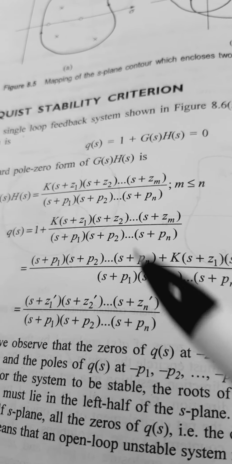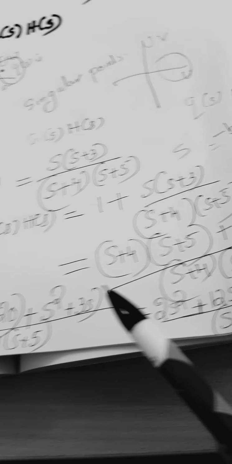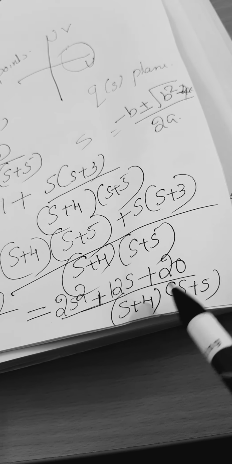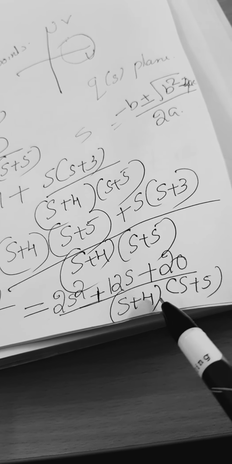Now this is the 1 plus G of S into H of S term, that is Q of S, and the zeros of Q of S. In this example, you multiply these terms out and finally get 2s square plus 12s plus 20 divided by s plus 4 and s plus 5.